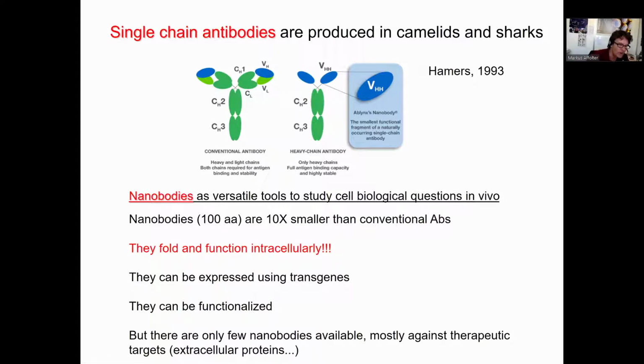They bind to the protein in cells, and now I can recognize any protein I want as long as I have an antibody against it. And if you want one, you inject your protein into camels and isolate the antibody. So suddenly, in 93, the idea came up that now we can recognize any protein we want, and we can even recognize it intracellularly, and maybe we can do all kinds of things with these proteins.